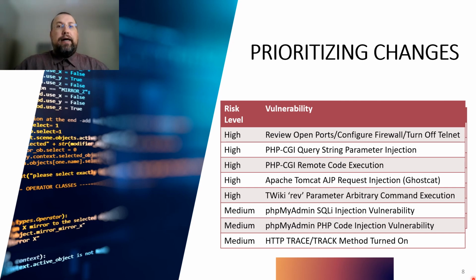If fixing a high risk level vulnerability, for example, is going to cost $100,000 and involves approval from the board, which takes time, well, why not fix a medium risk vulnerability like this HTTP trace? That'll take 30 minutes and zero additional investment while waiting on that approval.